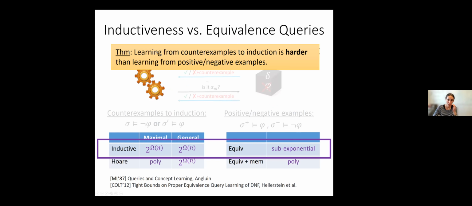And this shows that learning from counterexamples to induction, as opposed to just negative and positive examples, is really harder. And again, this was an insight that was mentioned by the authors of the ICE framework, sort of informally. And now we basically have a formal justification for it.